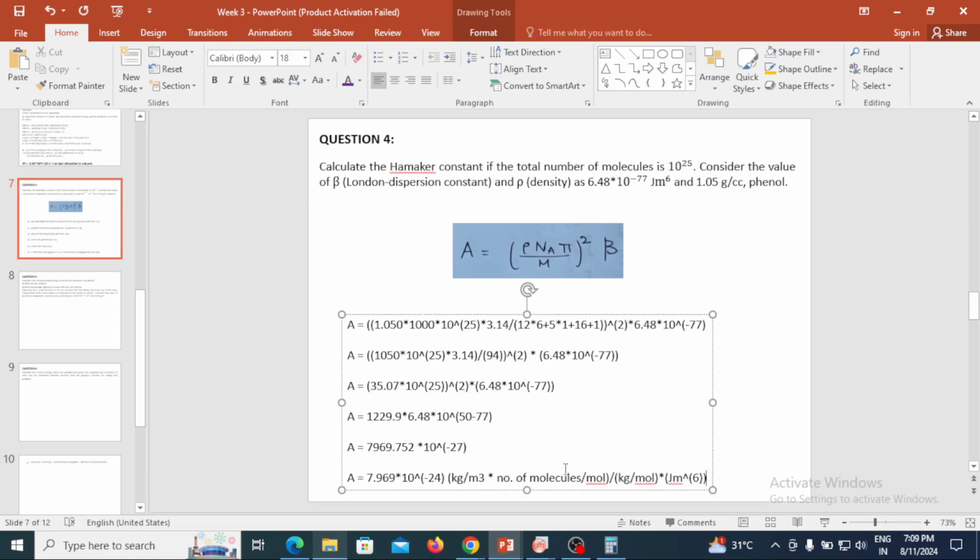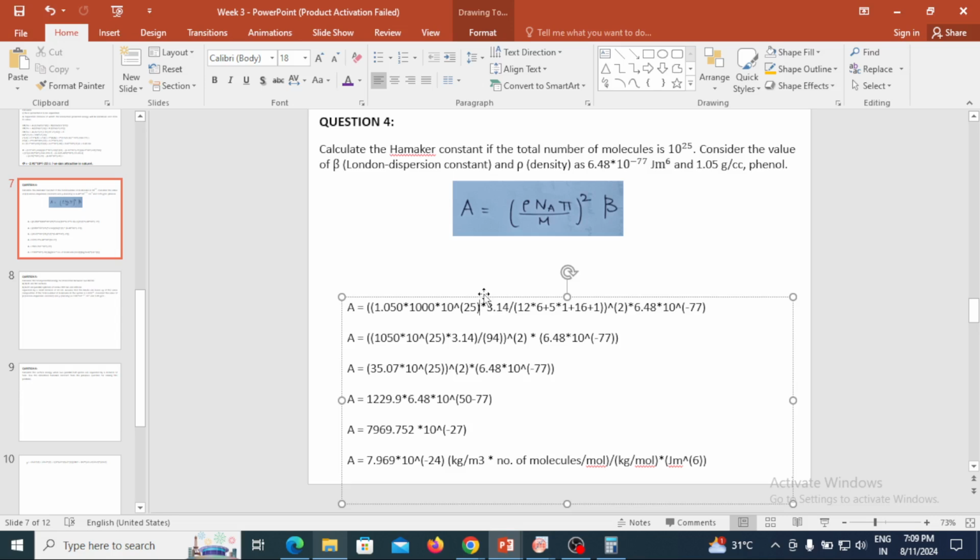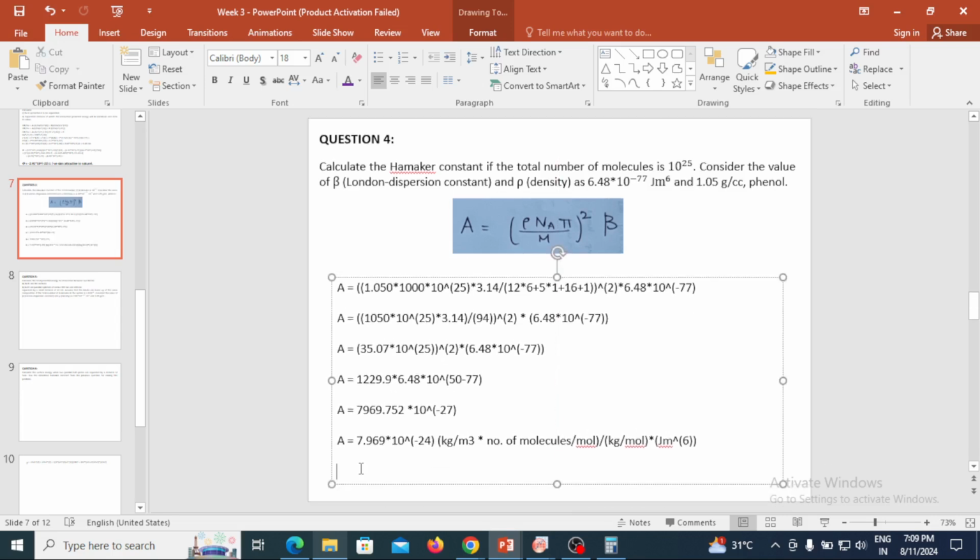So if you see, this mole will get cancelled, kg will get cancelled, so you will be left out with, a is nothing but 7.969 times 10 to the power minus 24. You will be left out with 1 by m cube times j m to the power 6.